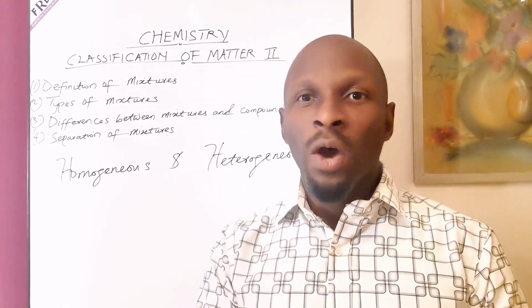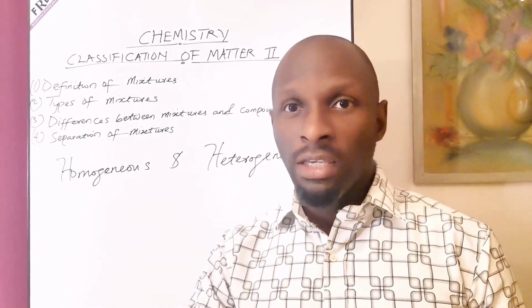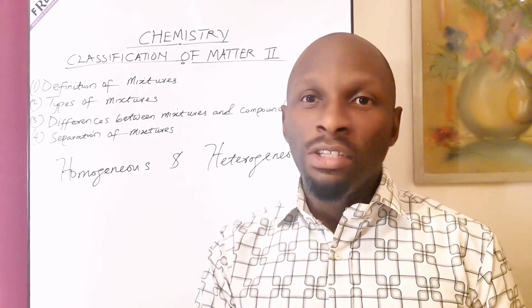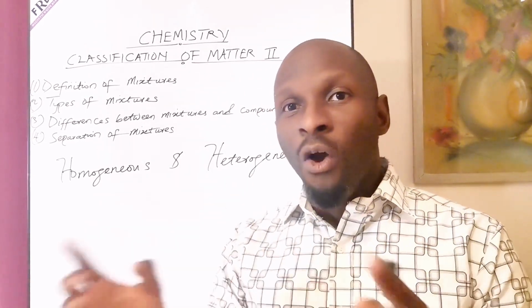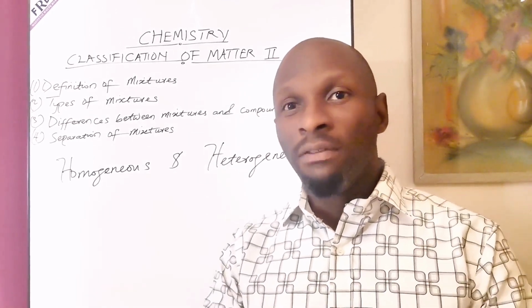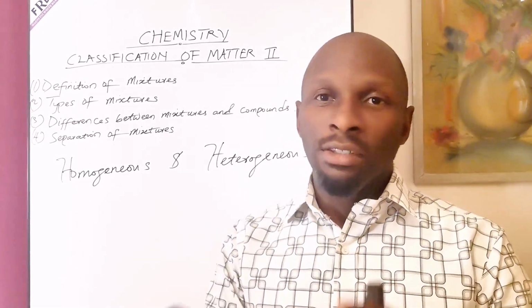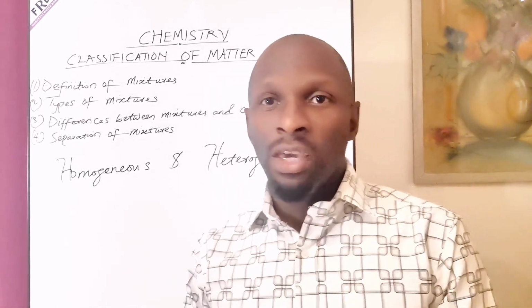Your ability to identify the substances that make up the mixture, okay? That is the uniformity of the substances in one phase, or the demarcation of the substances into different phases. That is what differentiates homogeneous from heterogeneous, okay?